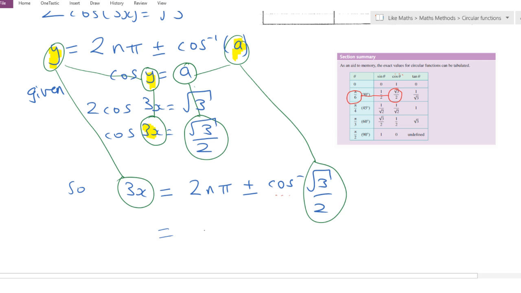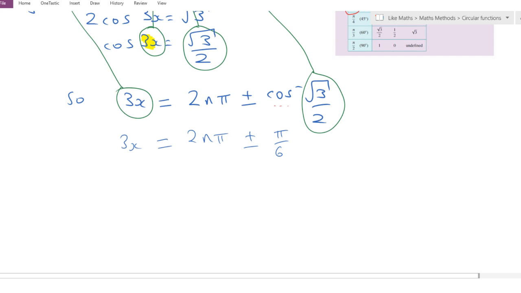So we can rewrite this as 3x is 2n pi plus or minus inverse cosine of root 3 over 2, which is pi over 6. Okay, just a bit of manipulation, get x on its own. x is equal to 1/3 into 2n pi plus or minus pi on 6.